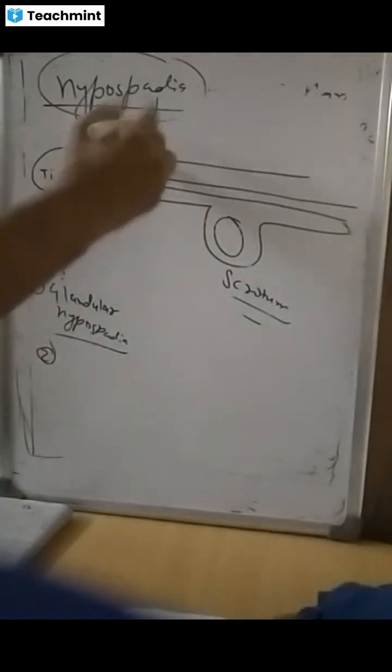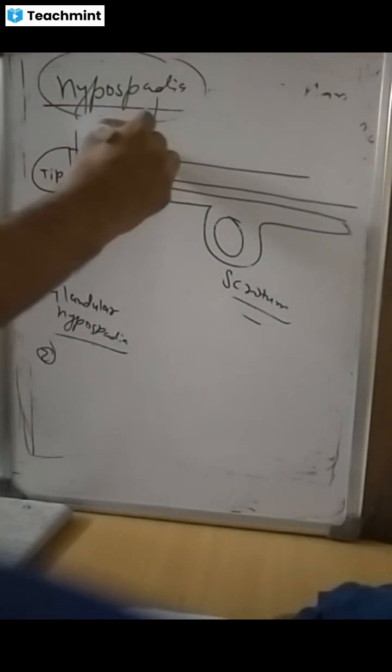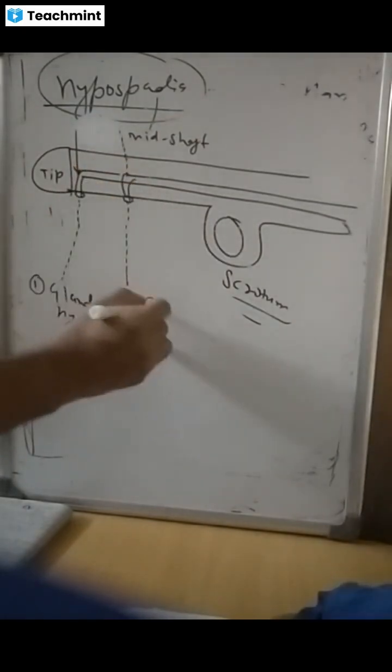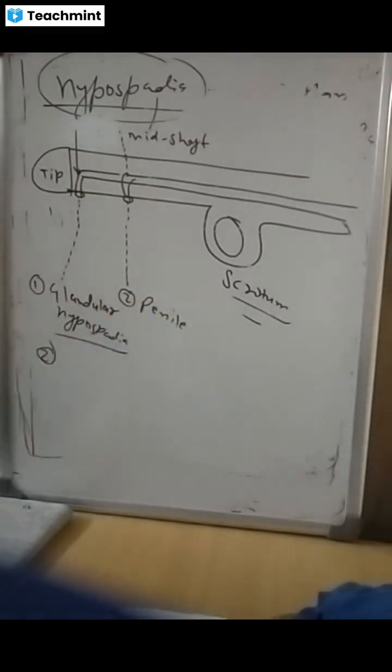Number two, if the urethra opens in the penile region, it is called penile hypospadias.